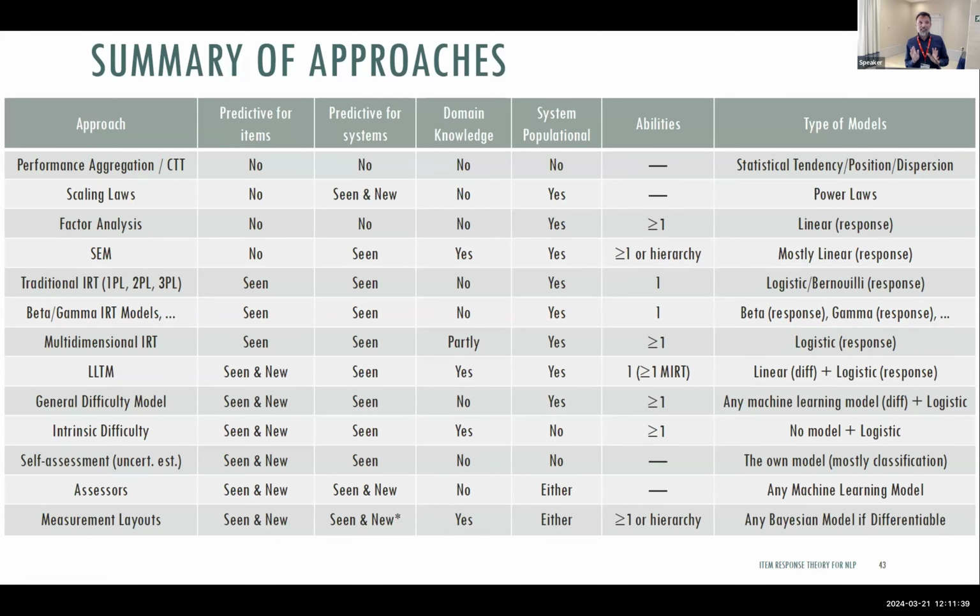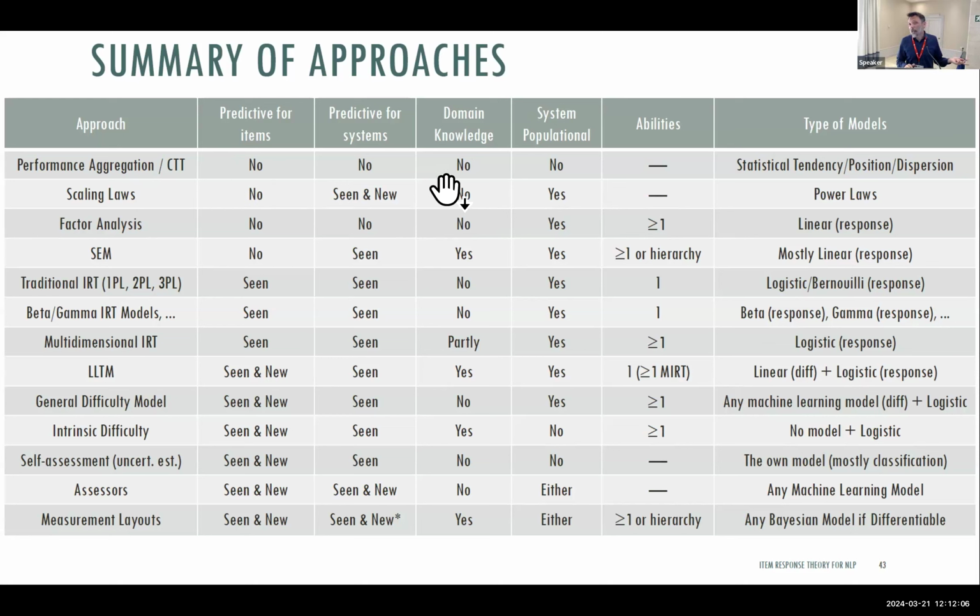Don't be scared by this table. This is a summary of different approaches. I think the lesson here, before we get into all the details, is to look at the first row. The first row is what most people, 99% of the people, are doing in evaluation. They basically do performance aggregation with some metric, and then it's not predictive for items, it's not predictive for systems.